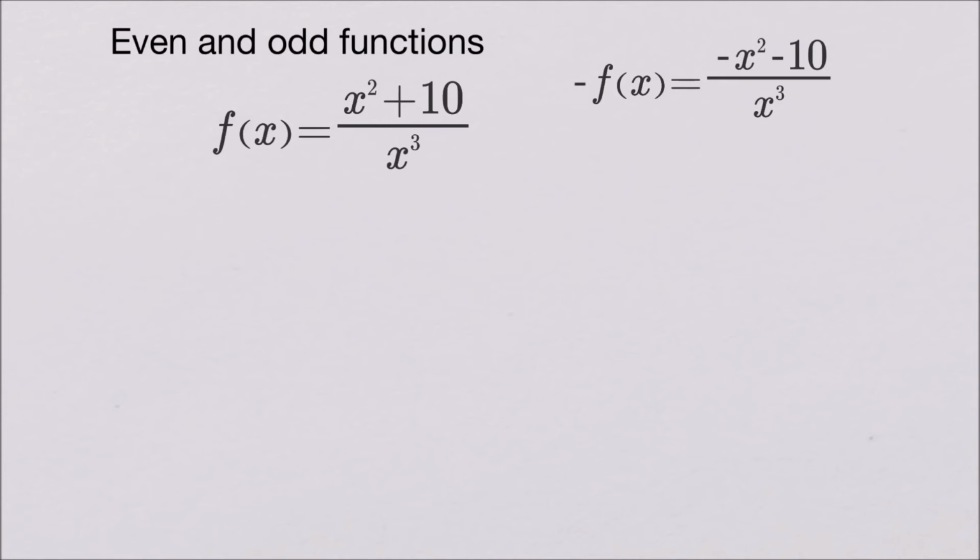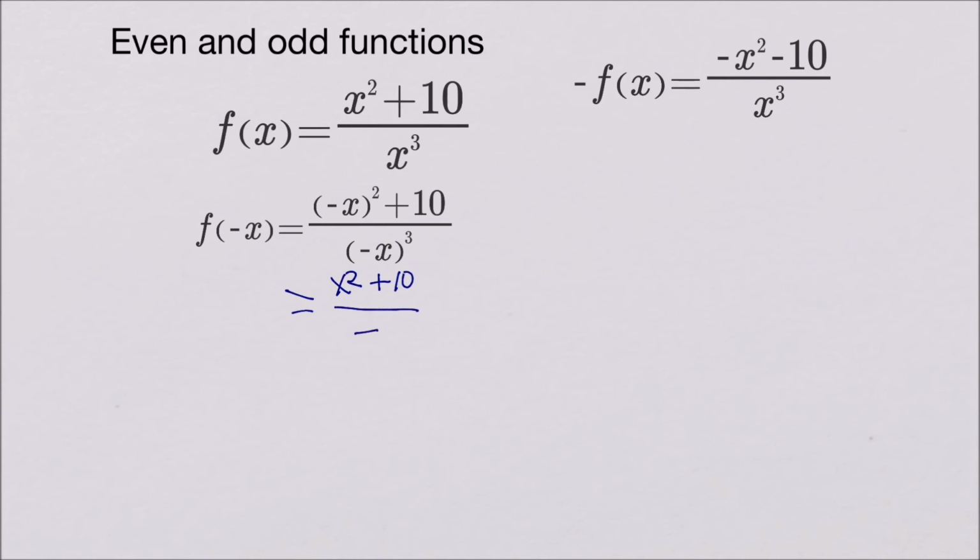So now in our original function, let's look at f of minus x, and that is equal to minus x squared plus 10 all over minus x raised to the third power. And then this equals x squared plus 10 over negative x to the third.